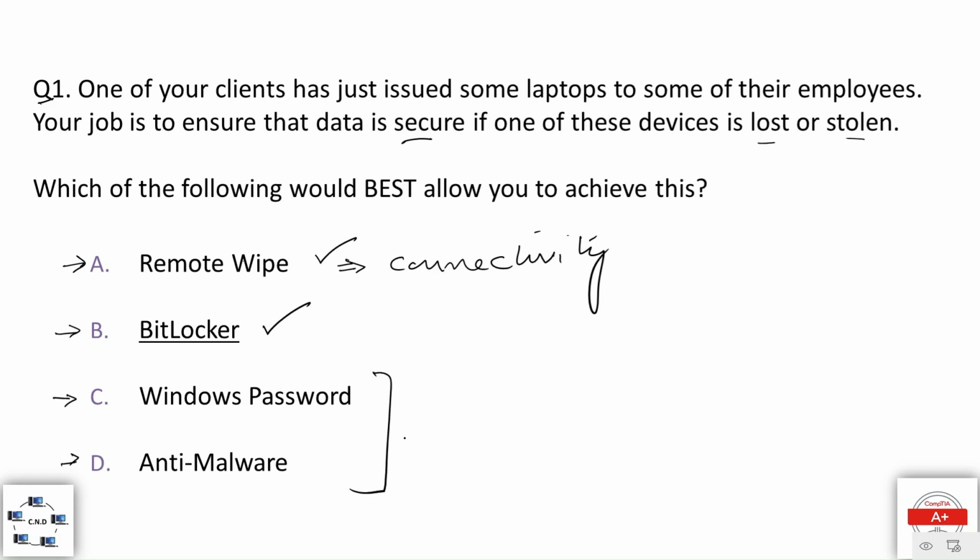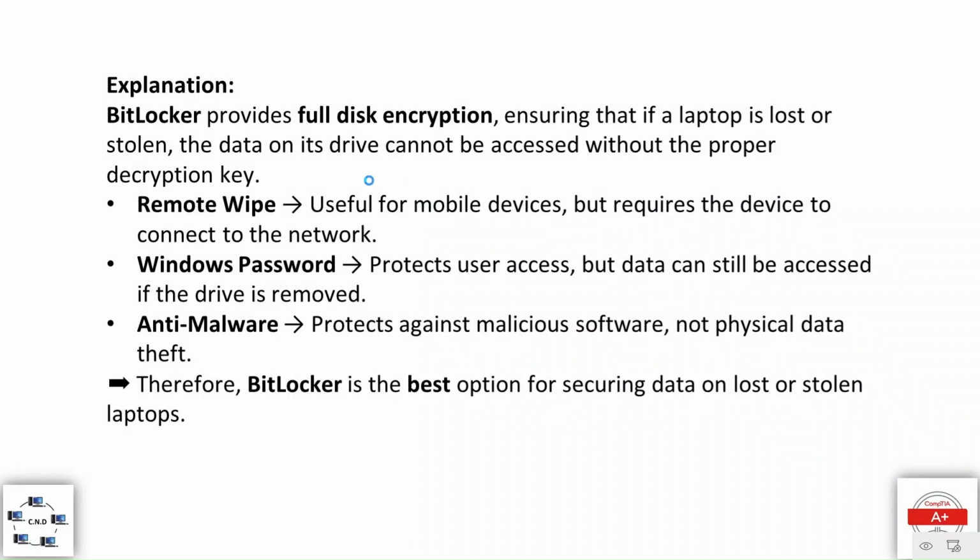These are also not suitable options for confidentiality and security of data when the device is lost or stolen. So the explanation is that BitLocker provides full disk encryption, ensuring that if a laptop is lost or stolen, the data on its drive cannot be accessed without the proper decryption. The incorrect options, including remote wipe, which is useful for mobile devices but requires the device to be connected to the network.